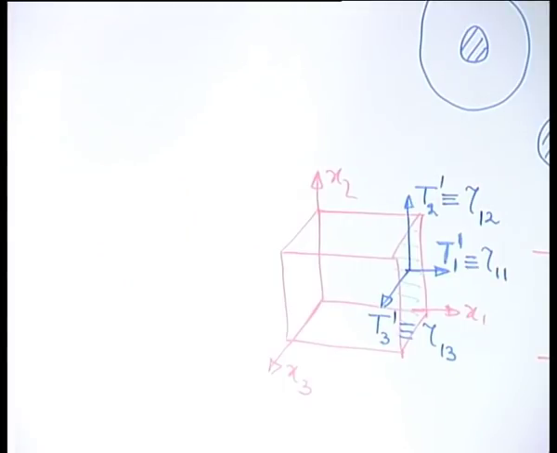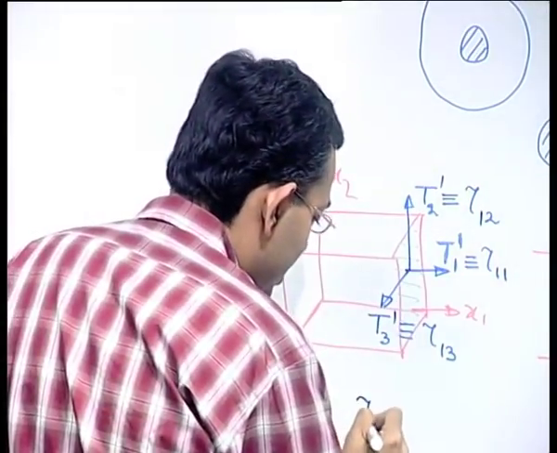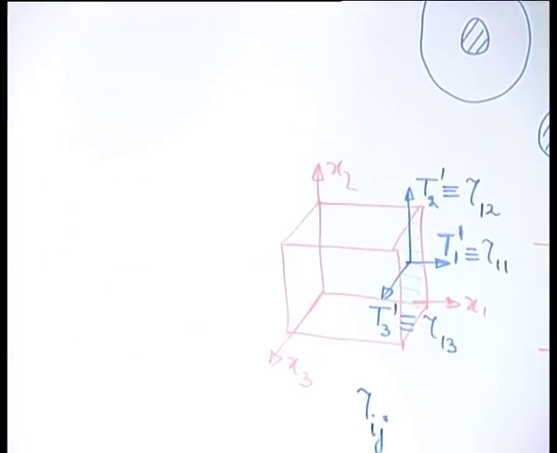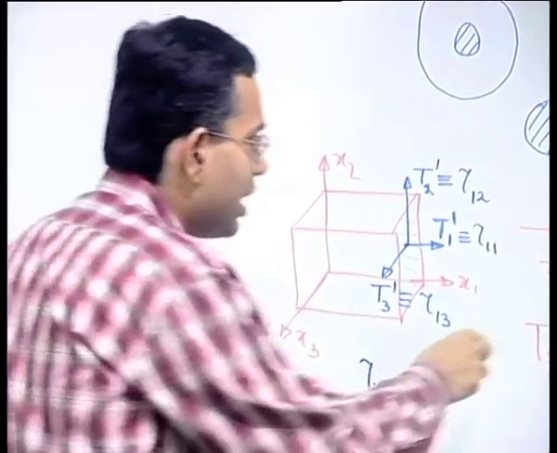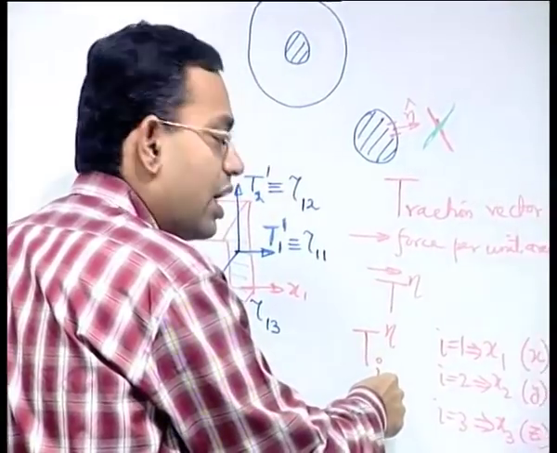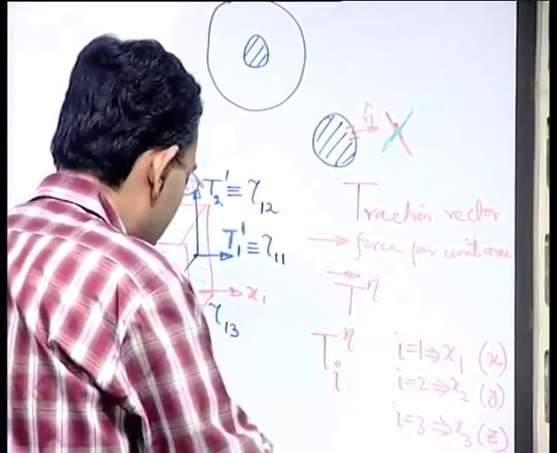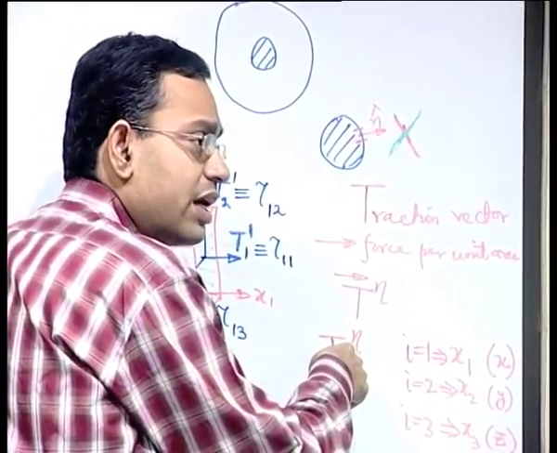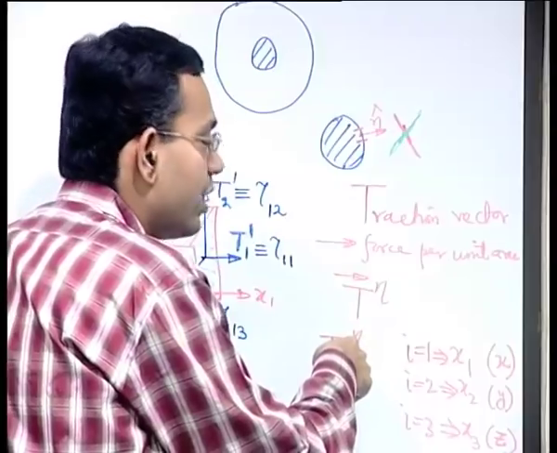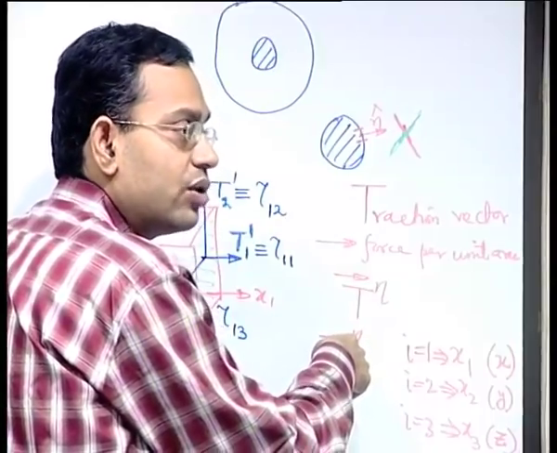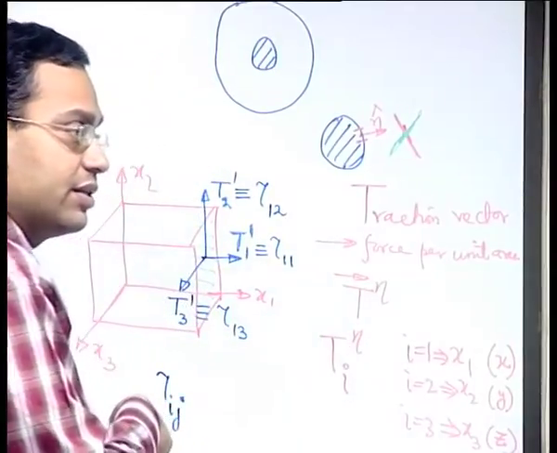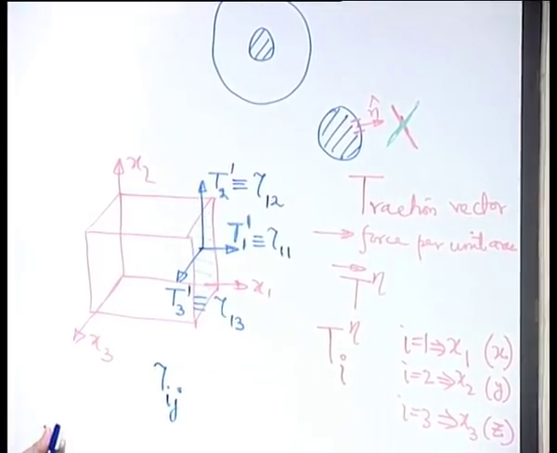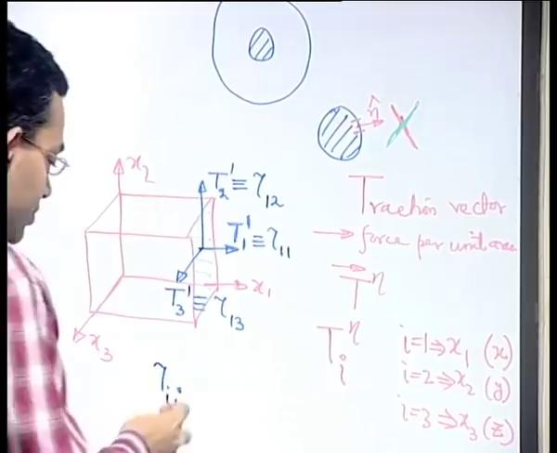So in general, if we call this as tau ij, these two indices are effectively the indices like eta and i, we are replacing eta by j. For all cases we cannot do that, but only when eta coincides with either x1 or x2 or x3 we can use an index for it. So we write tau ij, where what is i?